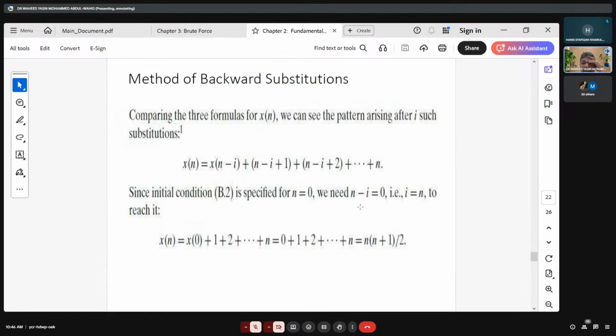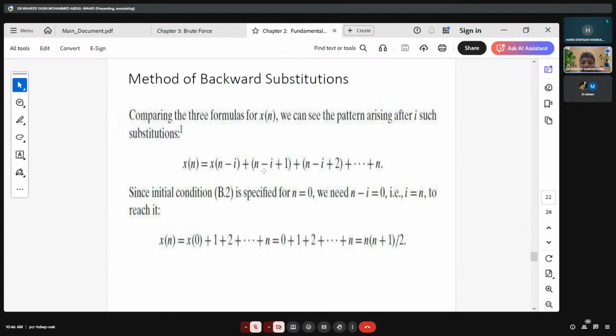Okay, so here n minus i equals 0, that means i equals n. When i equals n, we got x0 plus the terms starting at n minus i plus 1, which is 1.